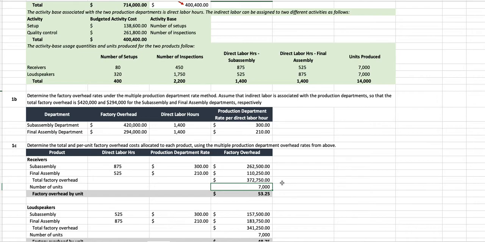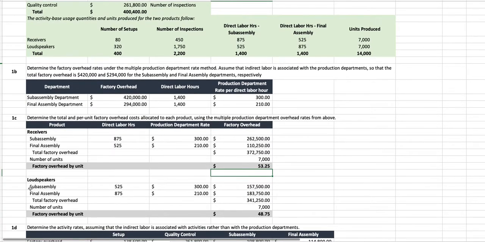And while that's important, we also want to see what the factory overhead rate would be by unit. So I've pulled down how many units we produced this period, which was 7,000. And then the calculation is again just to take that total cost and divide it by the number of units, which gives me $53.25.